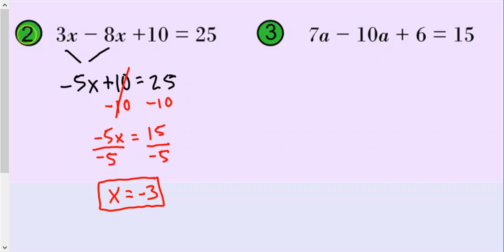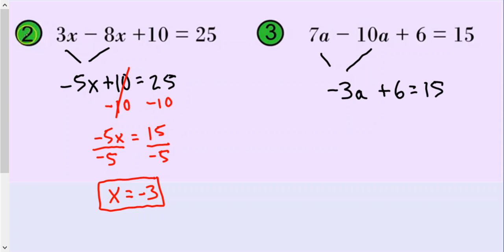The second example here, we have 7a minus 10a plus 6 equals 15. So we're going to combine the like terms of 7a and minus 10a, and that will leave us, so 7 minus 10 will be negative 3a. So now we have negative 3a plus 6 equals 15.